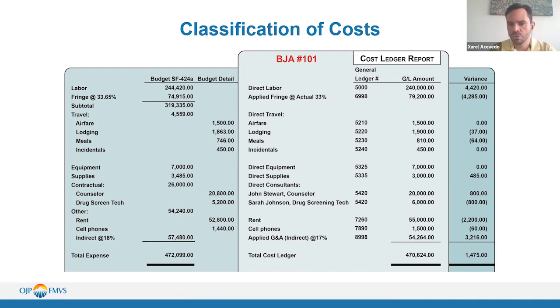Why? We should be able to charge these and keep track of what was actually charged to the program. If we don't have the same account consistency within the accounts, we're not going to be able to do that. If you look at this slide in the far right corner, you can see that because we're tracking adequately, we are seeing some variances.